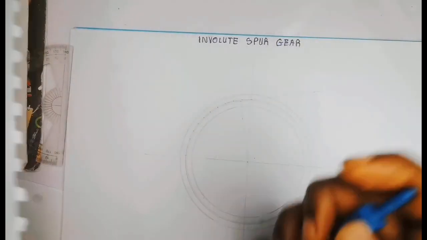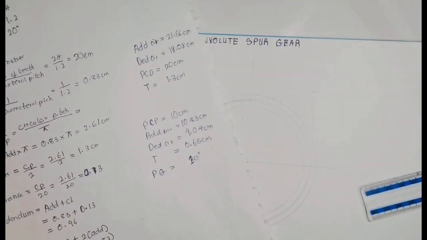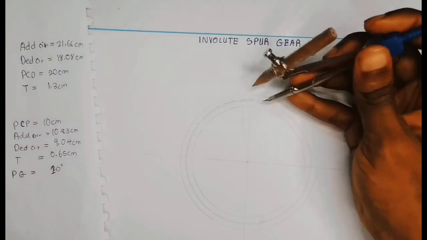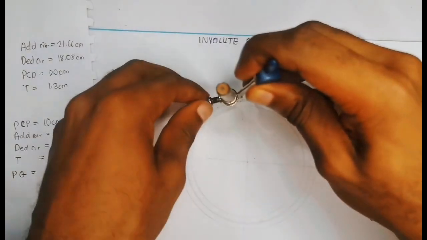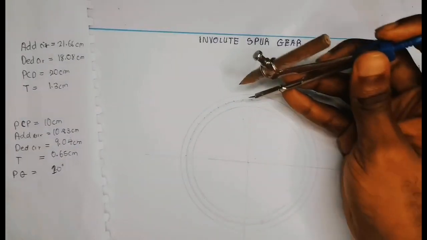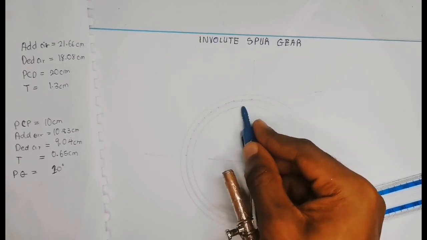You can recall that our thickness is CP all over 2. So the CP is thickness times 2. So we measure our CP, which is 2 times the thickness. We are going to draw a teeth for this one here.